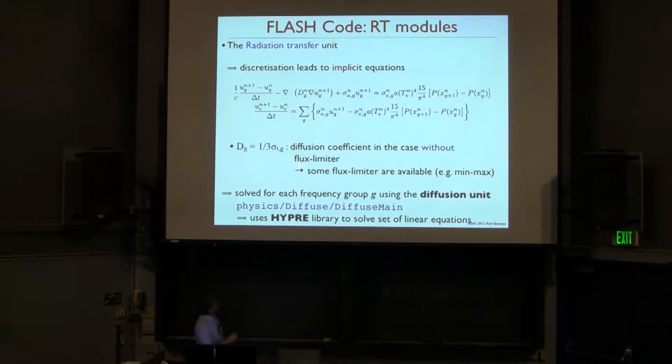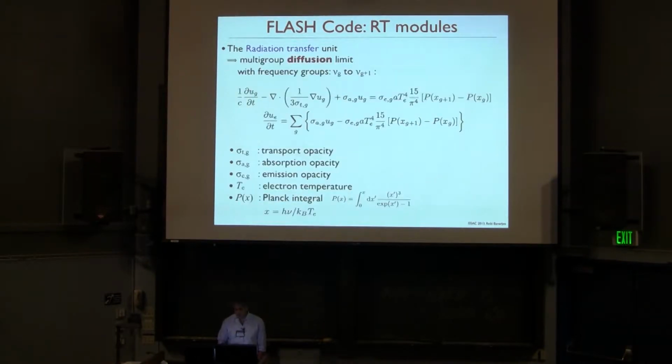And in the case that you don't use any flux limiter, and I think this was also introduced by Jim Stone, the diffusion coefficient looks like this. It is inversely proportional to the transport opacities and the absorption opacities.